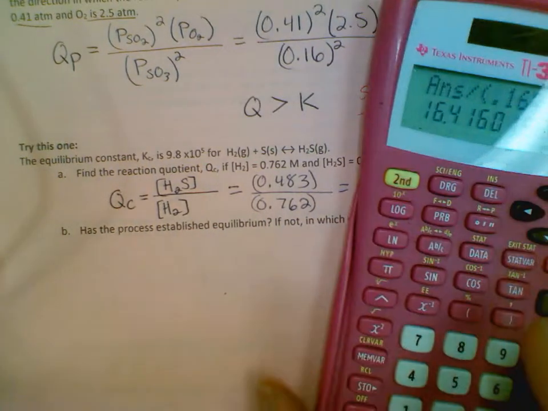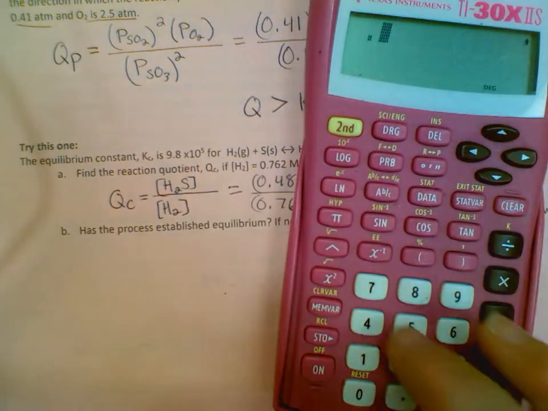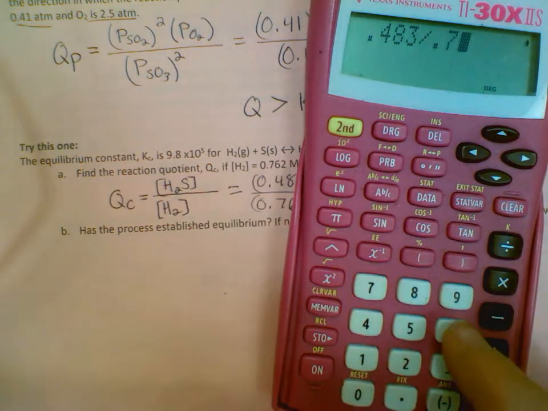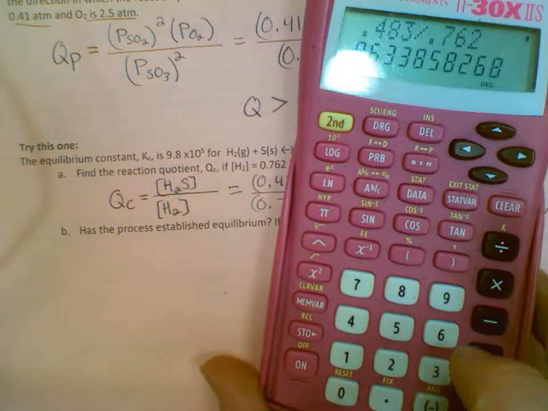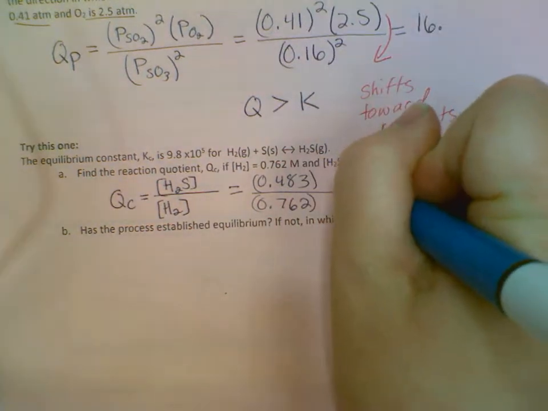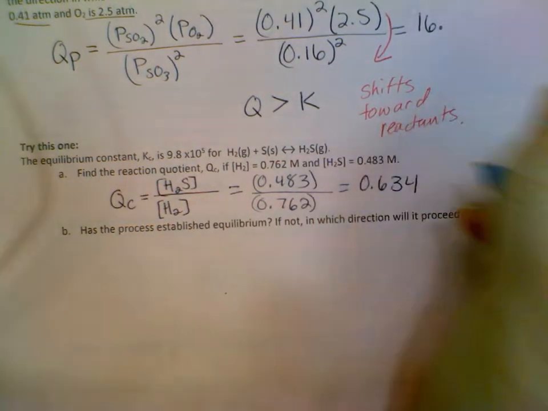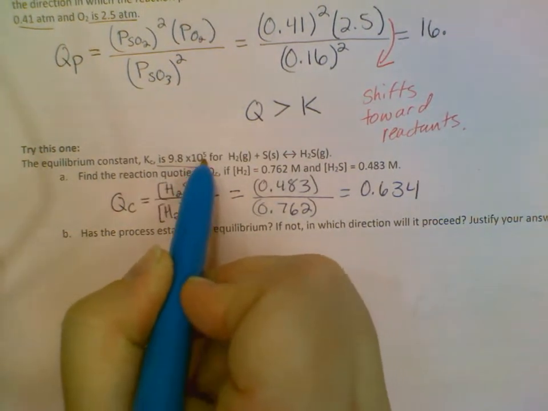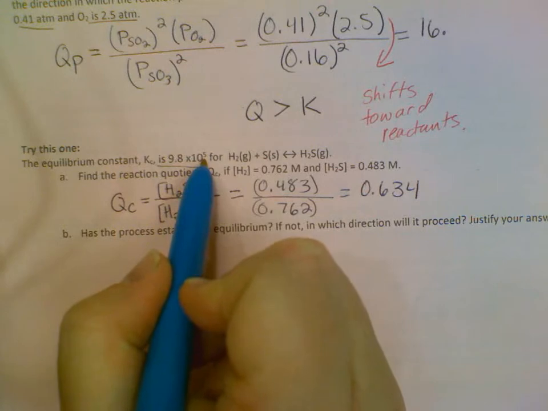No exponents on this one. 0.483 divided by 0.762, 0.634. All right, we've got our K value. That has a times 10 to the 5th on it. That is a pretty big number here.